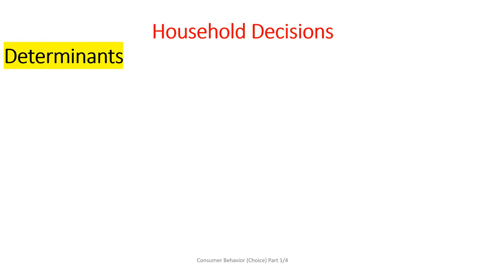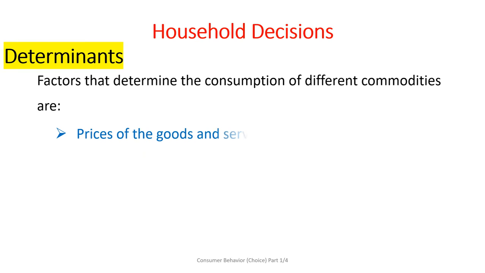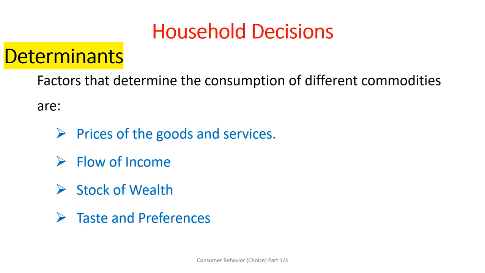Now we talk about consumption decisions. The factors that determine the consumption of different commodities are prices of the goods and services, flow of income, stock of wealth, taste and preferences, and future expectations.